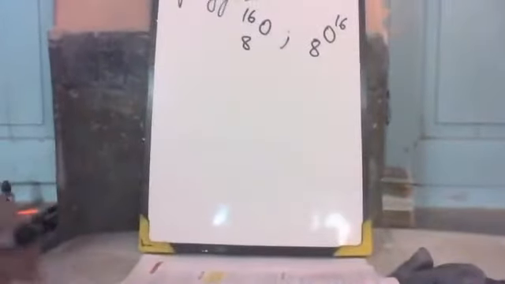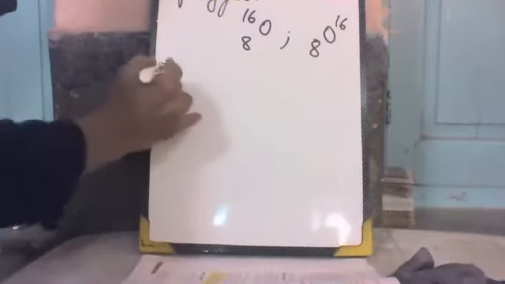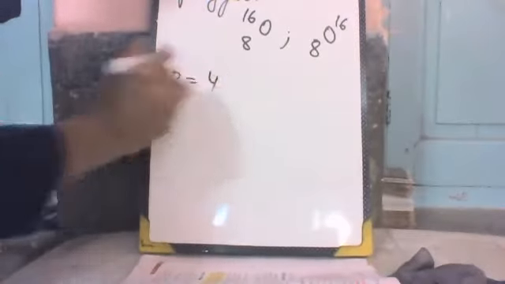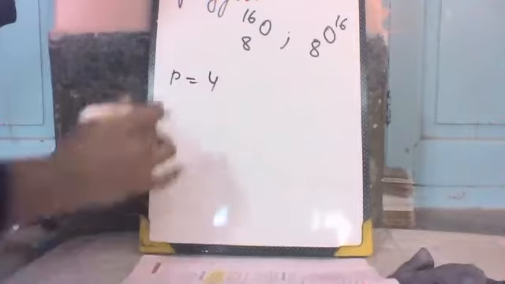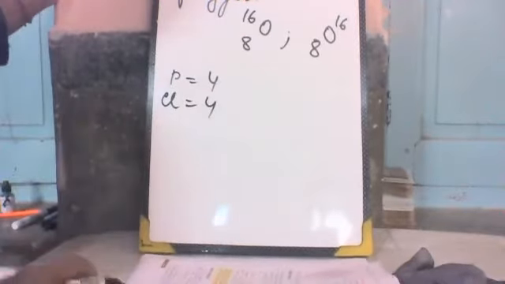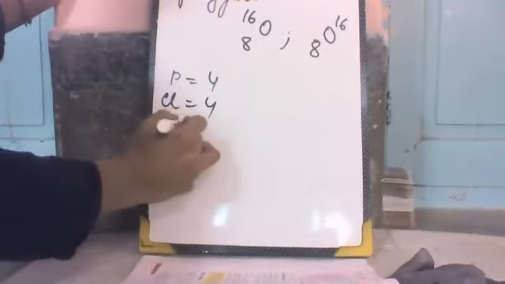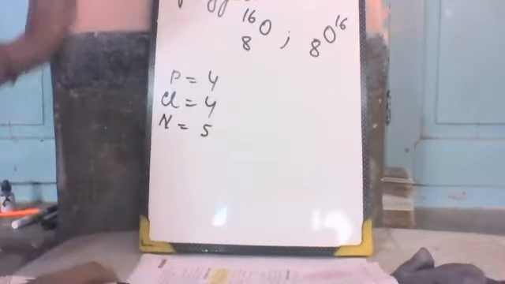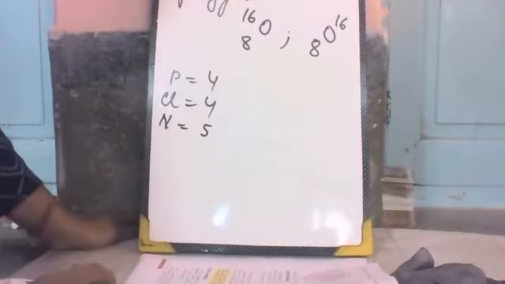Yes, ma'am. Now, here is a question. An atom has 4 protons, 4 electrons and 5 neutrons. What is the atomic number and mass number?